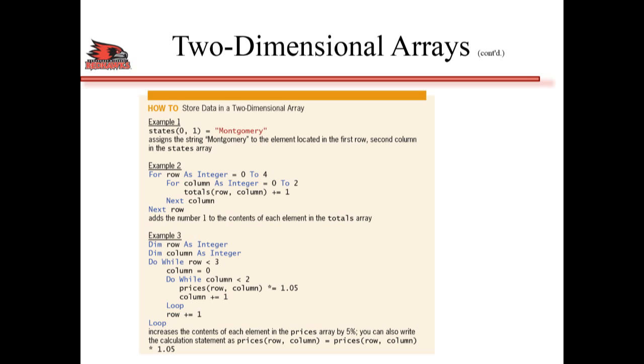The outer loop is the row loop, the inner loop is the column loop, and basically we are increasing the content of each element of the prices array by 5%. So that's why we're multiplying prices, the specific row and column, by 1.05. Whatever the initial value was, it's getting multiplied by 1.05, which is 5%, and then getting stored. And then we have column plus equals 1 and row plus equals 1 to keep incrementing the columns and the rows.